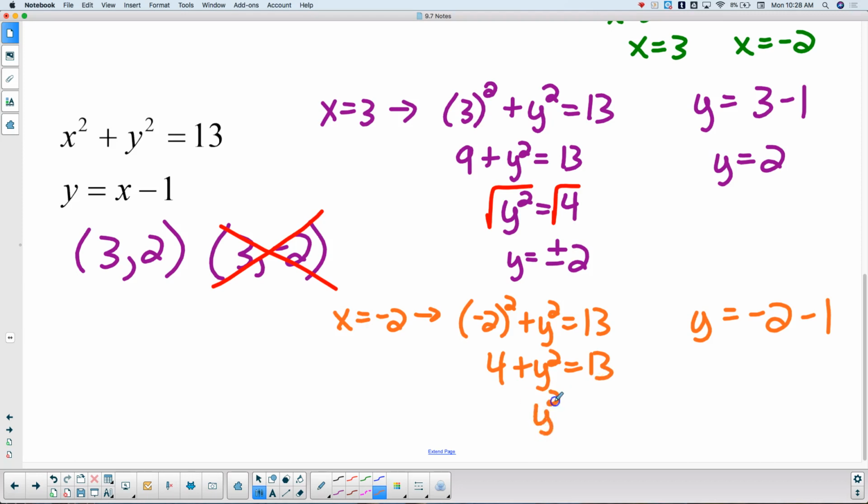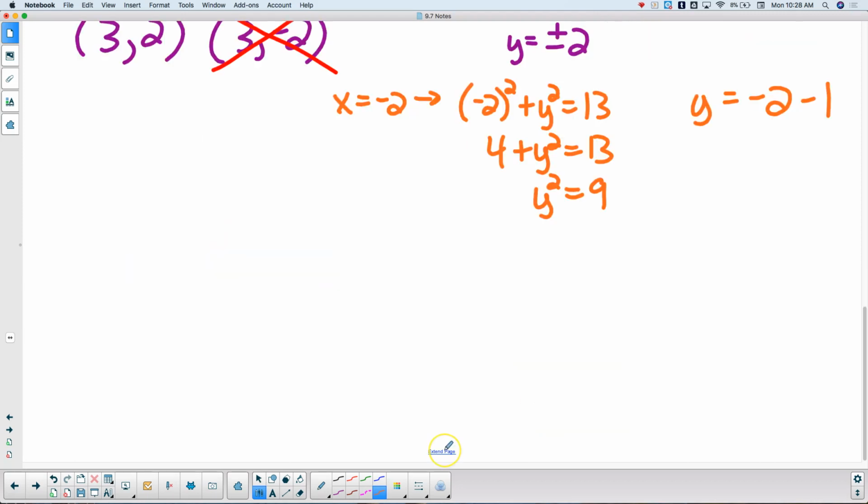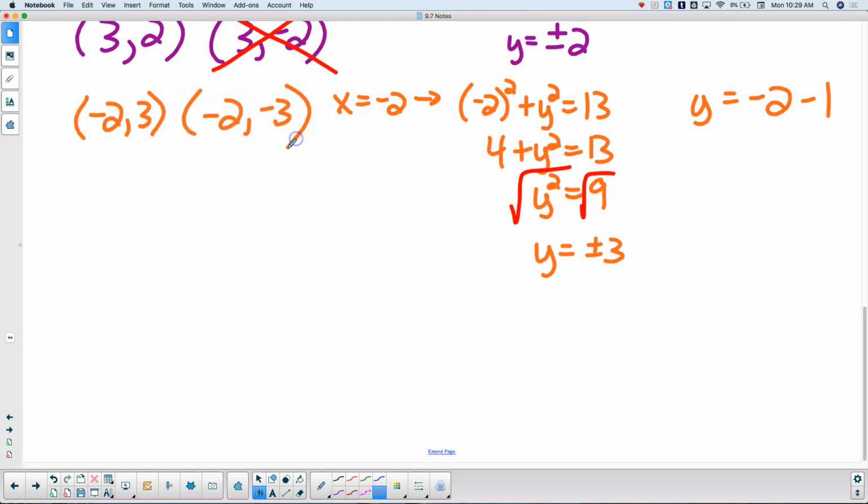Subtract 4, y squared is 9. Square root both sides. y is plus or minus 3. So that tells me I've got possibles here of negative 2, comma positive 3, and negative 2, comma negative 3. This one tells me y equals negative 3, so that kicks out that one. Okay.